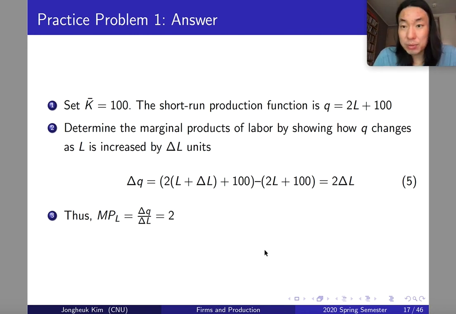So maybe output cannot be increased by that person. But if we hire the second or third person, the contribution will be huge, so the output will increase by a big number. That's why many economists do not assume the linear production function. But in this practice problem, to keep things simpler, we use the linear production function.